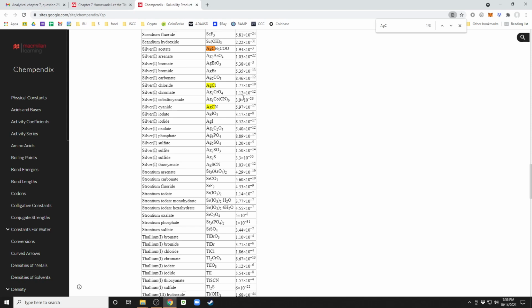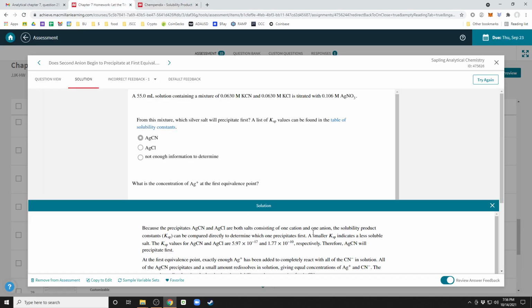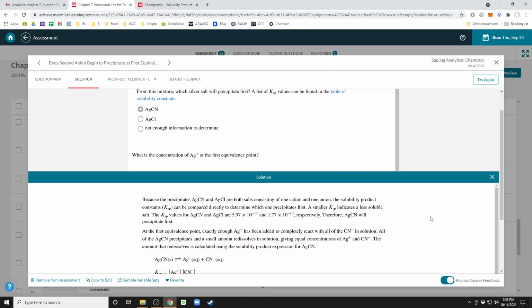If that doesn't make any sense, talk to me, okay? But because they are a 1-to-1 ratio, you can directly compare your KSPs, and there's no problem, okay? But yes, it would make a big difference if it was a 2 or 3 ratio, because it would take twice or 3 times the amount of silver ion to precipitate those out, right? So keep that in mind.